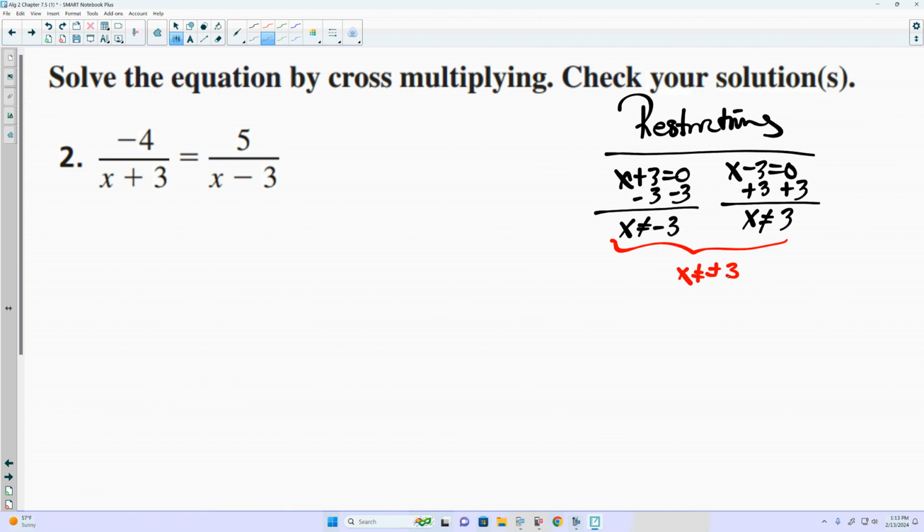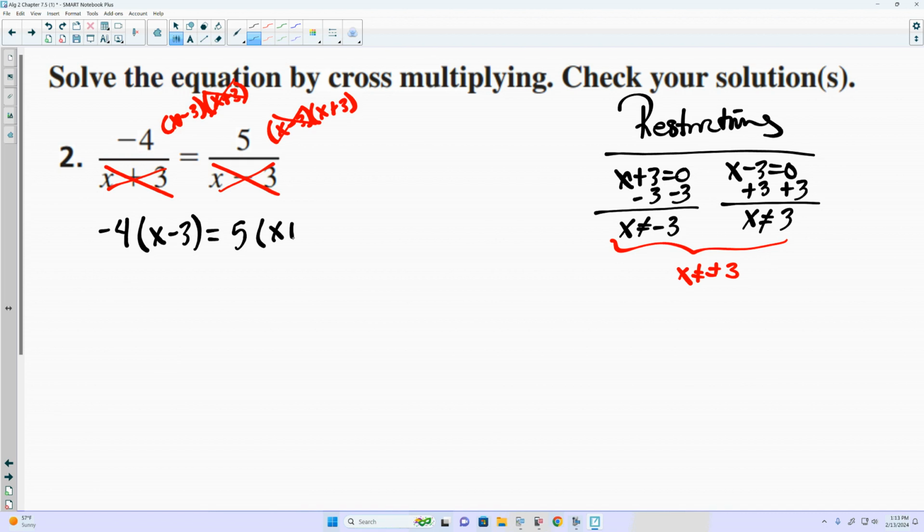And yes, we would multiply everything by x plus 3 and x minus 3. And we only need each one of them once because they only show up in each denominator once. On the left-hand side, x plus 3 and x plus 3, and x minus 3 and x minus 3 cancel. Leaving us with negative 4 times x minus 3 is equal to 5 times x plus 3.